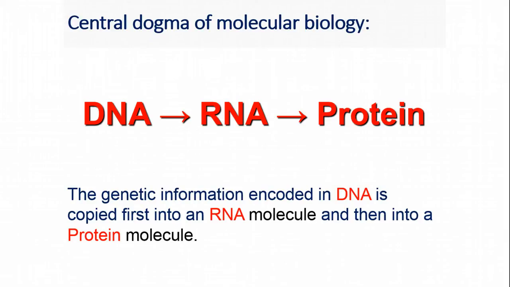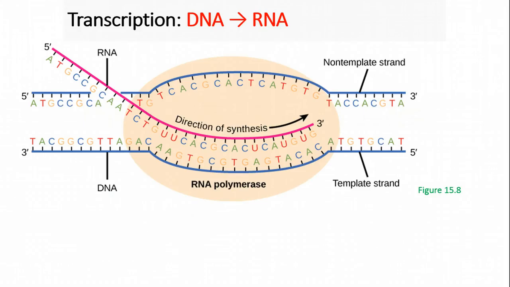So here again is the central dogma. We have genetic information encoded in DNA that's copied or transcribed into RNA and then translated into a protein molecule. So RNA is what moves from the nucleus to the cytosol to take the information in DNA to the ribosome to make our protein.